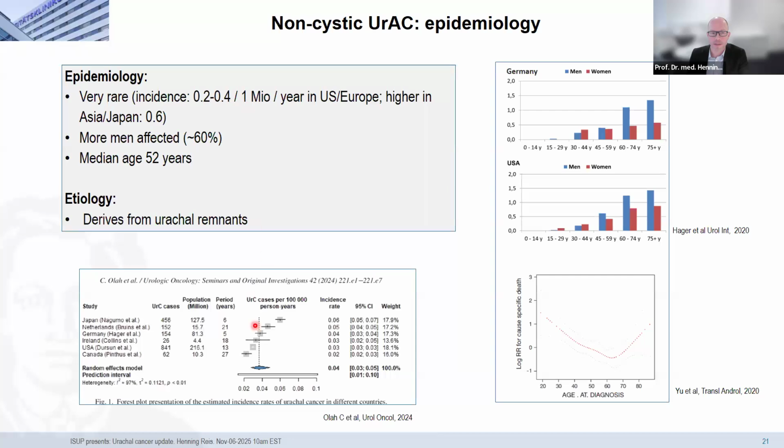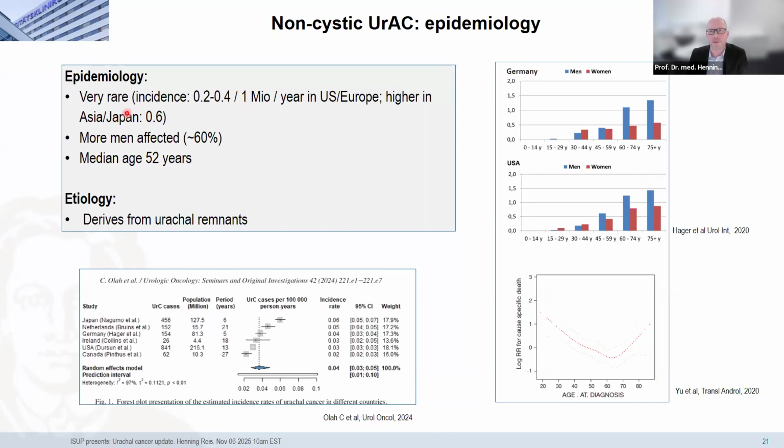That's the standard, as you can see here in the Western countries. It's said to be a little bit higher in Japan. Of course, in such a rare tumor type, it's very difficult to say what the reason is, because there might be diagnostic reasons, epidemiological reasons, just some other biases, or even environmental reasons we don't know for sure.